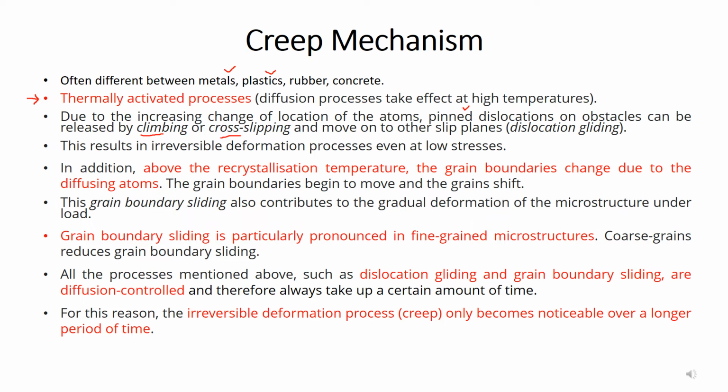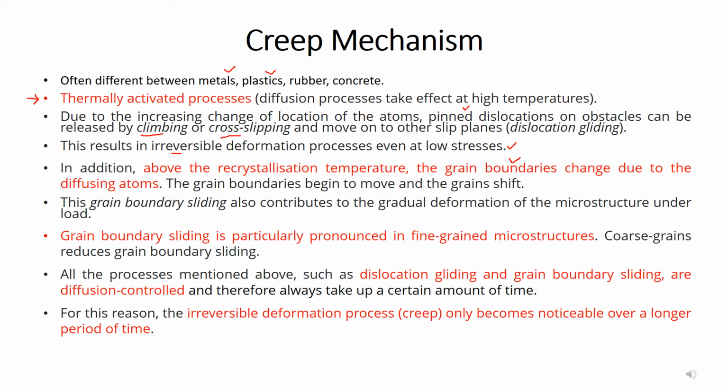As dislocation moves, plastic deformation occurs, and this results in an irreversible deformation process at the lowest values of stress. In addition, if the temperature is above the recrystallization temperature, which is the temperature at which new grains start to form, the grain boundary changes due to the diffusing atoms.